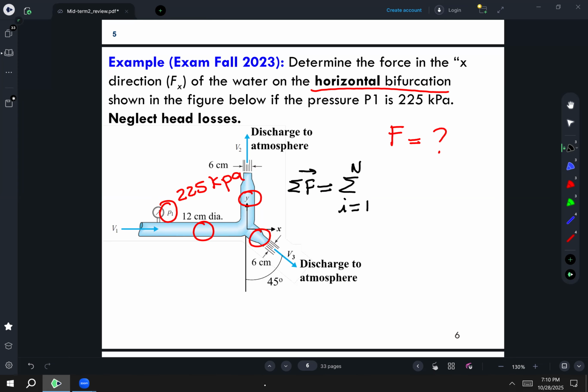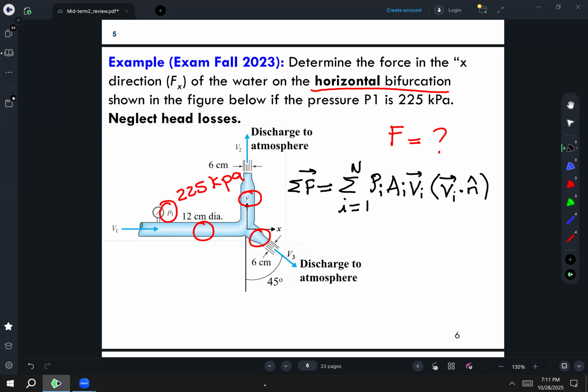In this case, we have three pipes, density i, area i, velocity i, and the dot product of the velocity times the unitary vector.